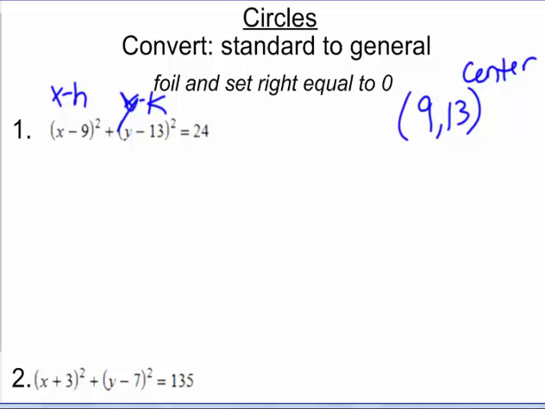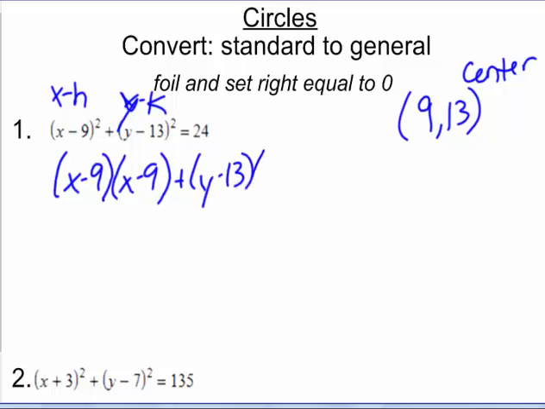When we are taking it from standard to general, you FOIL, and then you get the right side equal to 0. So with circles, it's not too bad. You're going to FOIL x minus 9 squared, plus y minus 13 squared equals 24.